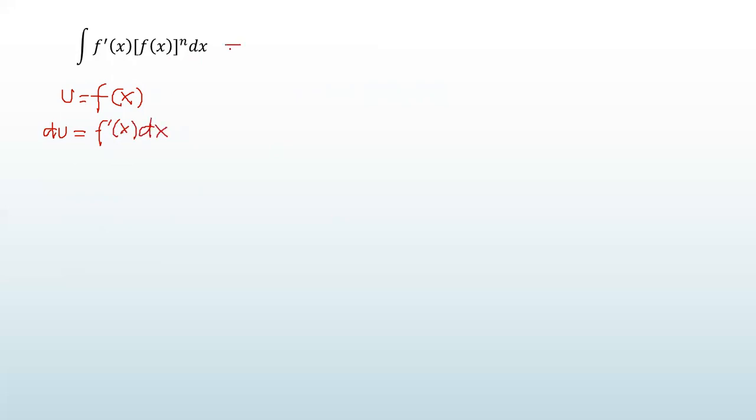Okay, for these integrals, we may write f(x) to the power n times f'(x) dx. Recall that f(x) equal u, so this integral is going to be u to the power n du.